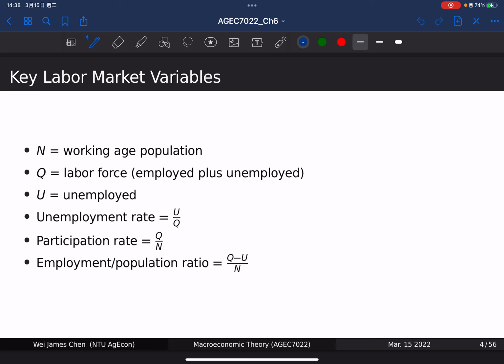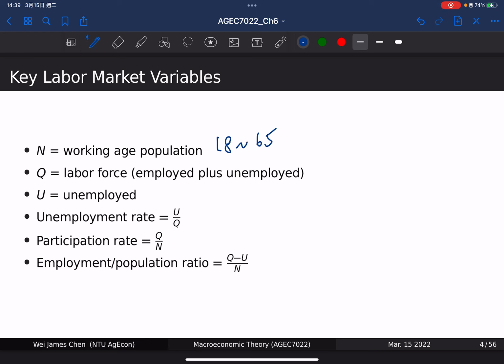So let's first define some key labor market variables. We say that N is the working age population. That means everybody within the working age, say in Taiwan, I think it's 18 to 65, no matter whether you're a woman or a man.